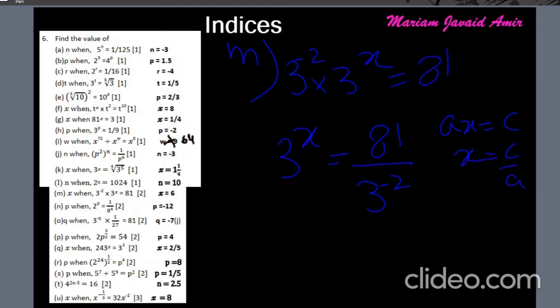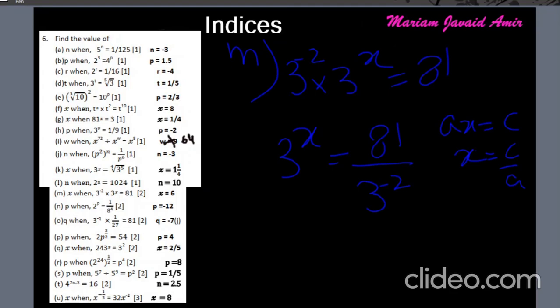So we've done that only for now. So 3 power minus 2 goes to the denominator of the other side of the equation, retaining its sign for now.